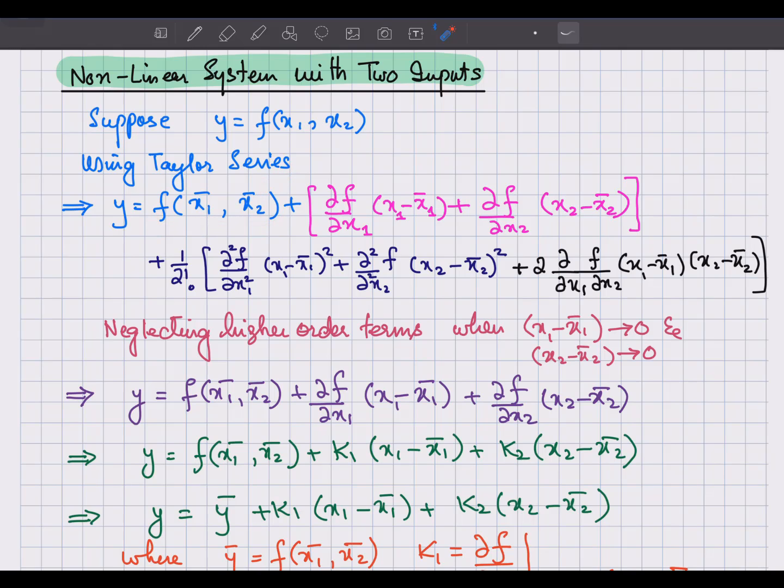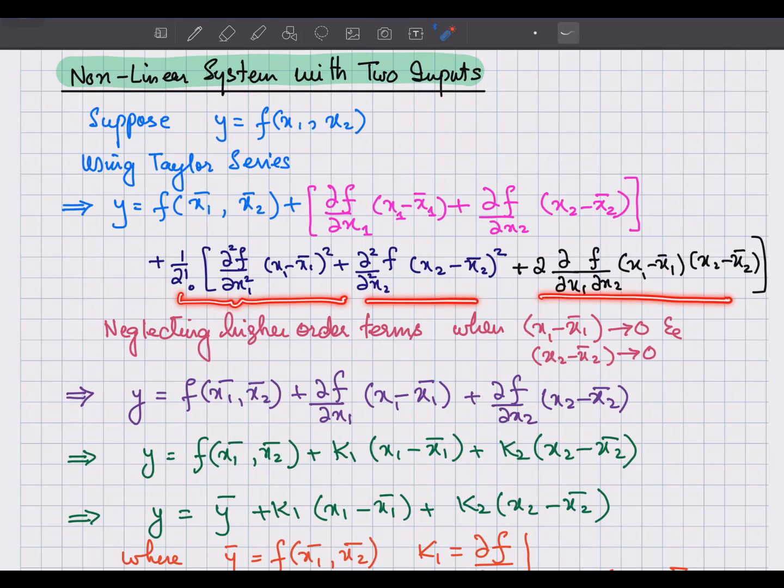Then from the Taylor series, the derivative of the function with respect to our first variable, that is x1, times the change in that variable, x1 minus x1 bar, right? So this is the mean value of the range of the input x1, right? Then the partial derivative of the function with respect to the second variable and the change in that variable, at the operating point. So these are the higher order terms from the Taylor series, right?